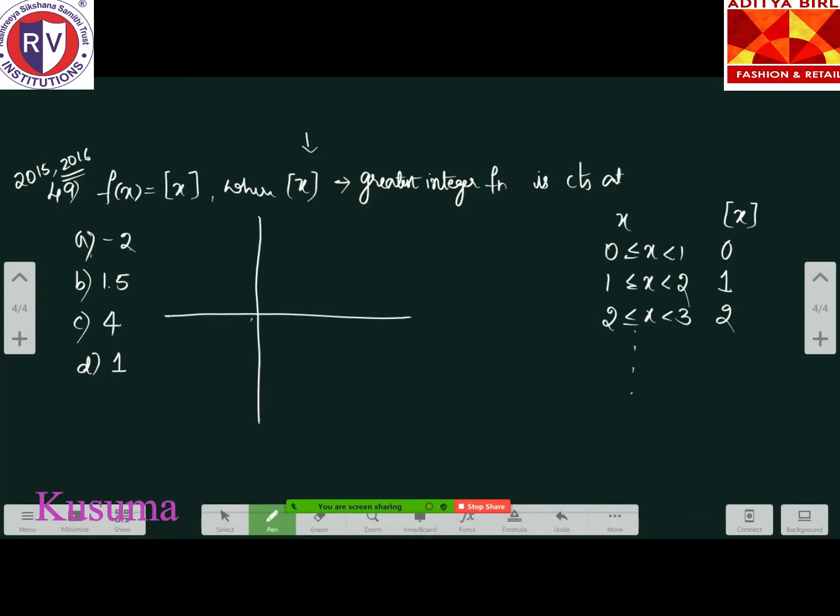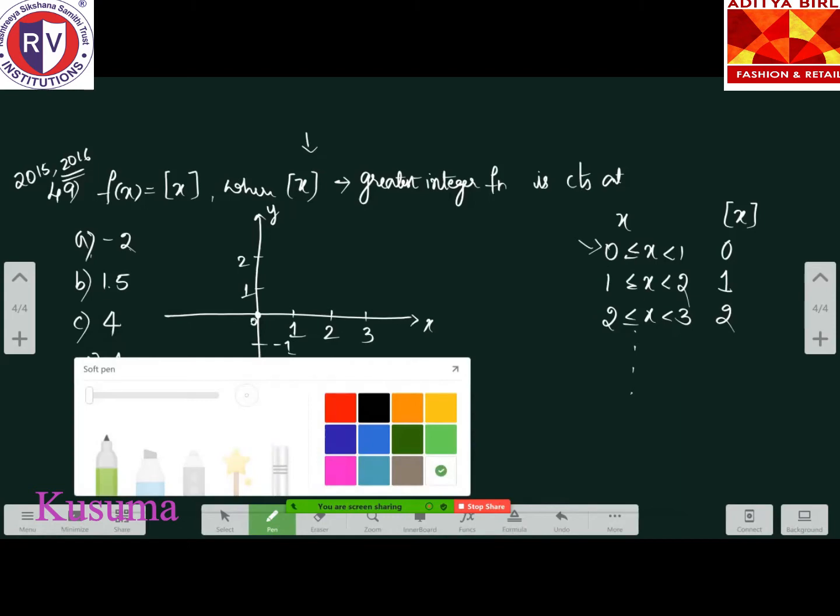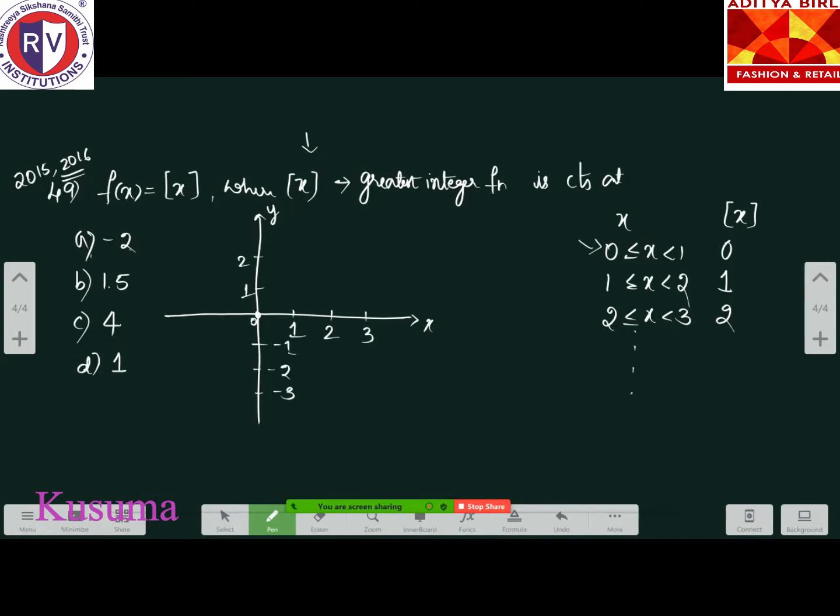Let this be the origin. When the value lies between 0 and 1, the greatest integer function of x will be 0, including 0 up to 1, but excluding this 1.